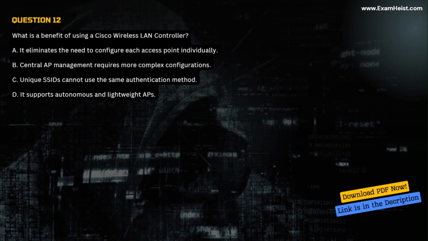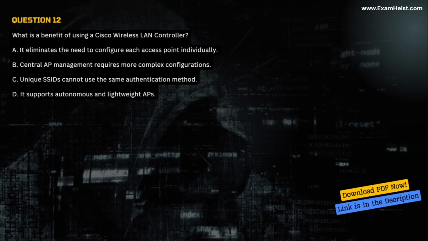Question 12. What is a benefit of using a Cisco wireless LAN controller? A. It eliminates the need to configure each access point individually. B. Central AP management requires more complex configurations. C. Unique SSIDs cannot use the same authentication method.